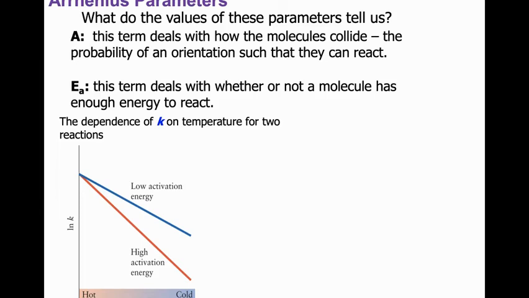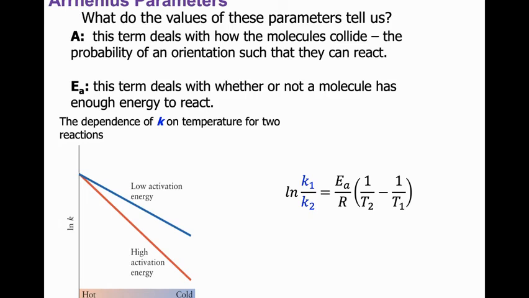What we can do from that Arrhenius equation is put two of them together to get another van 't Hoff relationship. How does changing temperature change the rate constant K? In this case, we see that the natural log of K1 over K2 is equal to the activation energy EA divided by R times the quantity of the reciprocal T2 temperature minus the reciprocal T1 temperature.